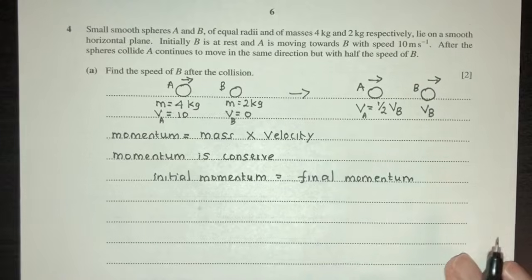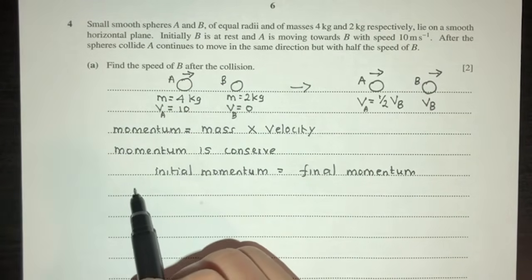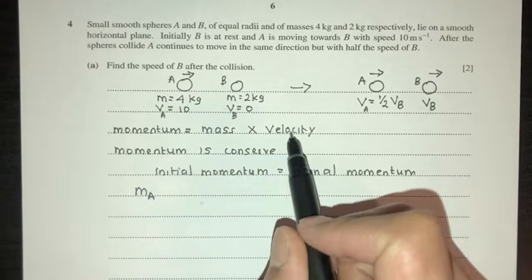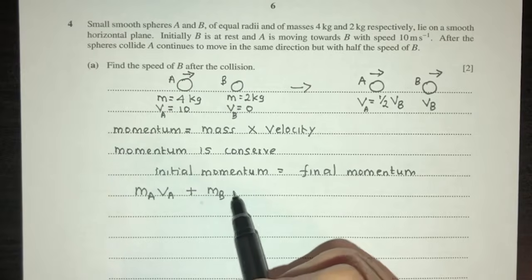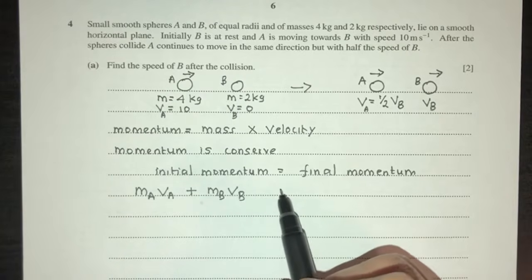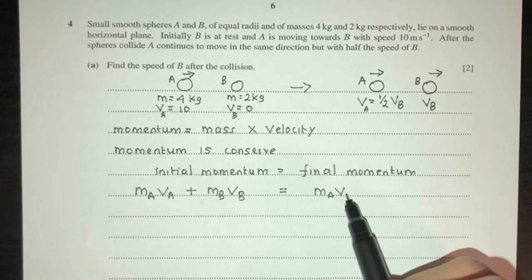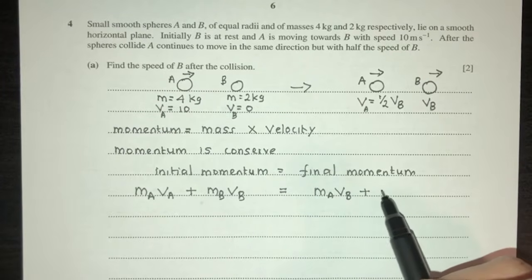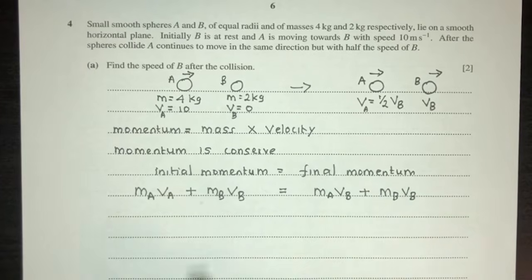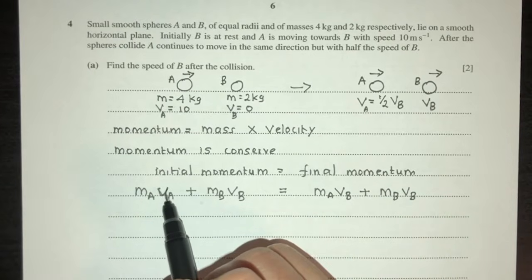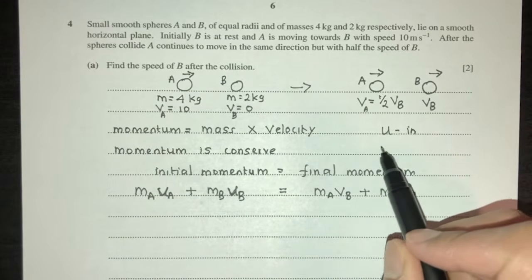Okay, so at first here we have momentum is mass times V, so we have mass of A times speed of A plus mass of B times speed of B, and that is equal to the mass of A as well and speed of A plus mass of B times speed of B. So let's change that to U, because as we know, we call U your initial speed and V your final.